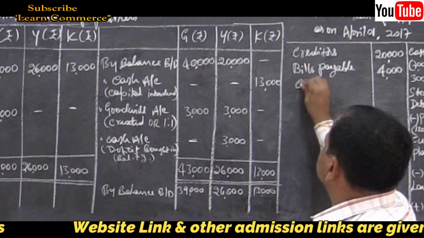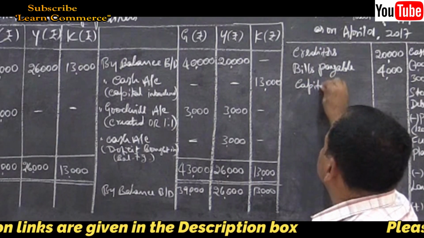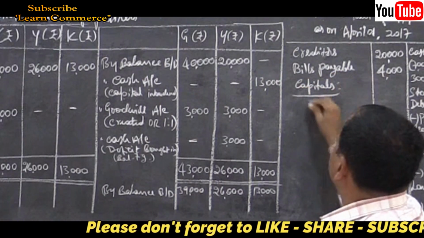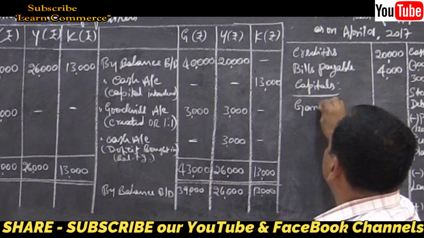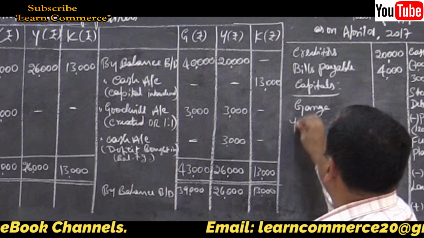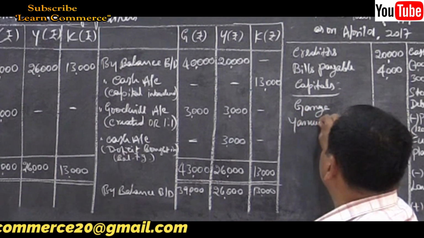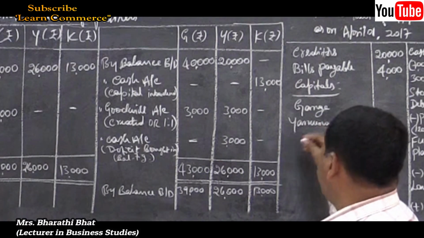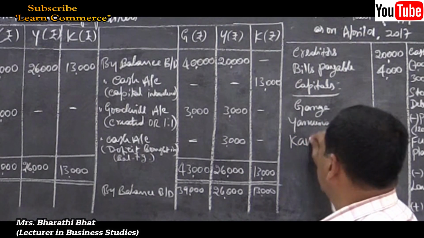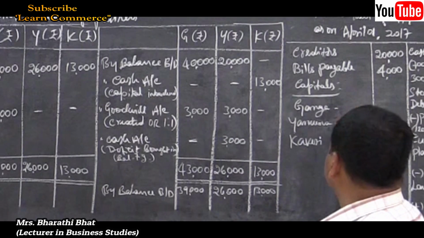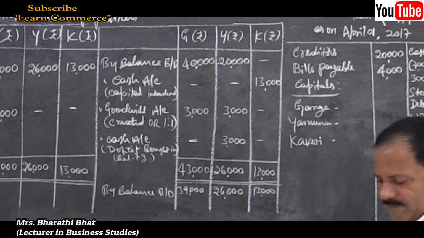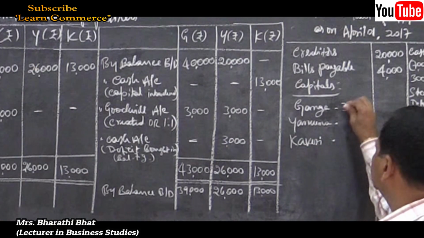Then capitals. Under that, Ganga, Yamuna and Kaveri. Are there any other liabilities? No. That's all right. 39,000.